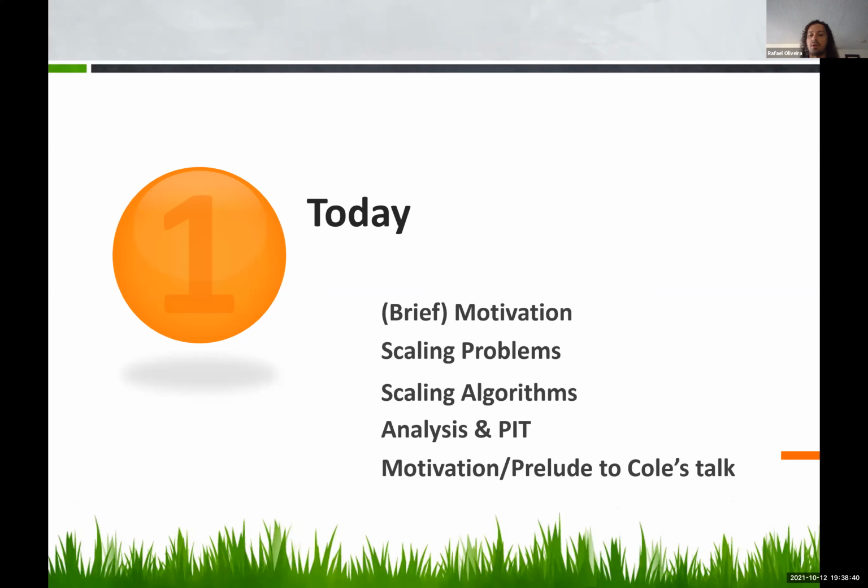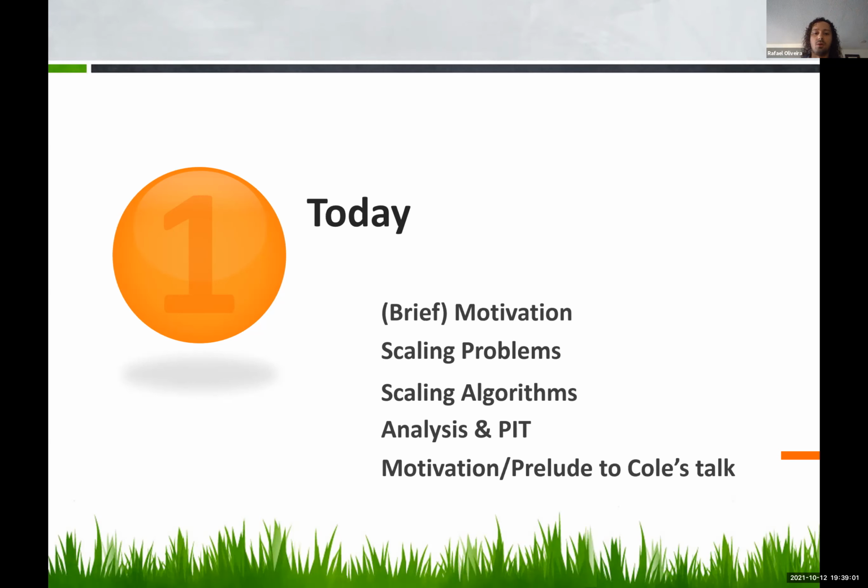And then we're going to talk about some algorithms, and then the analysis and how PIT comes into play. And then we're going to give a motivation and prelude to Cole's talk, and Cole will get into a lot more of the geometry of these problems, which will be another example, giving further concrete examples of all what Ramadas said before.